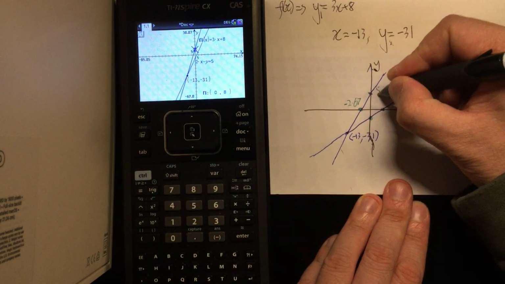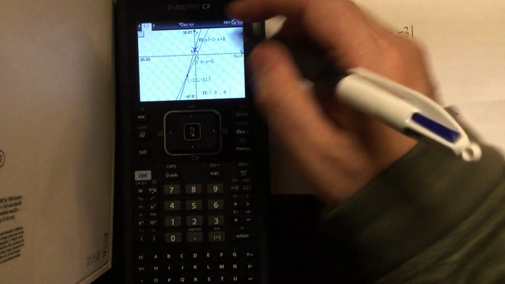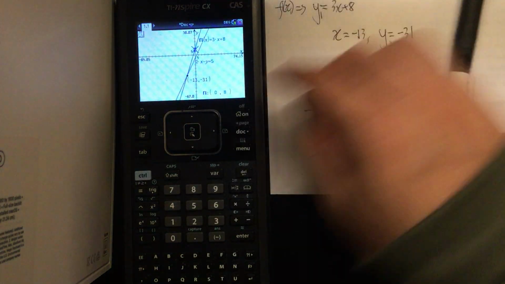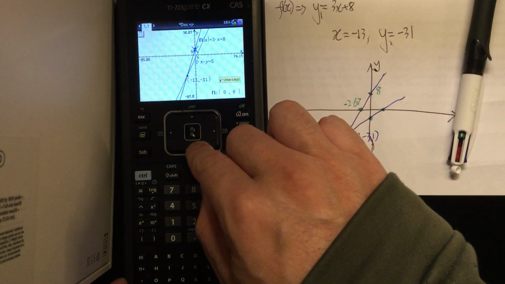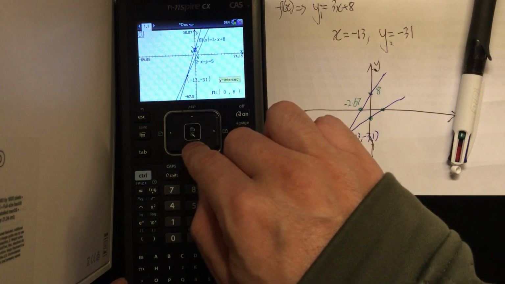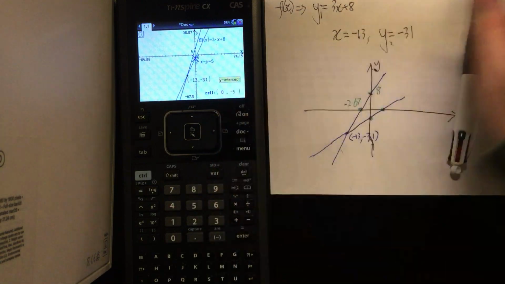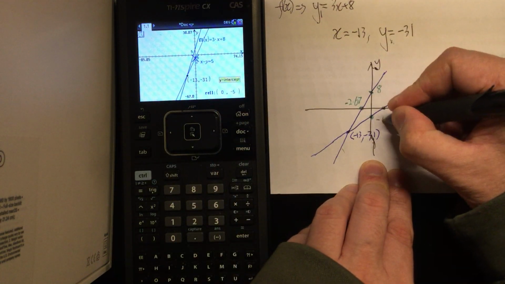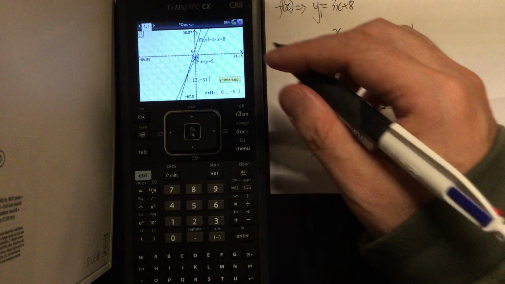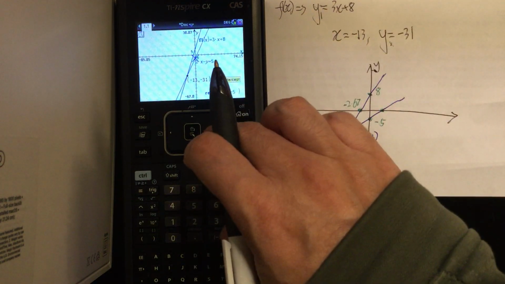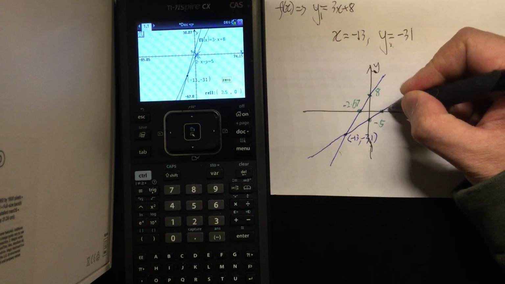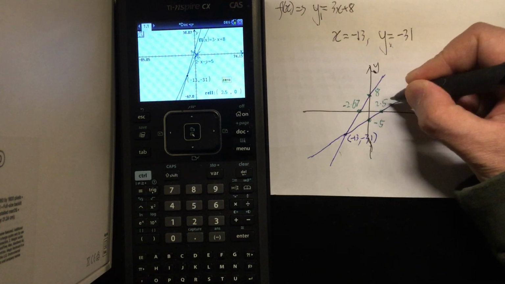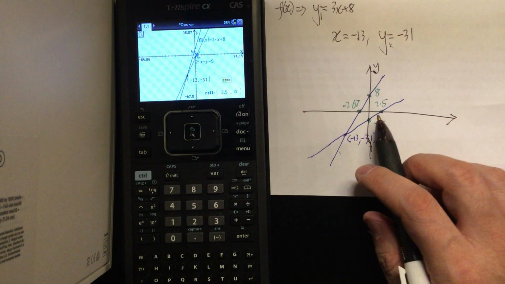Y-intercept 0, 8. But how do we get the intercepts of the other one? You press up and down. Up and down means change the graph from the first to the second. So the y-intercept of the second one here is 0, -5. Press left and right. Let's keep going again. 0 once again. You've got 2.5. And so you've got this graph here.